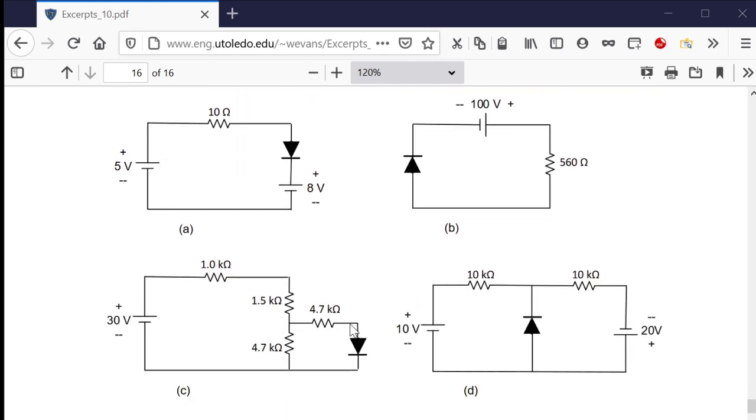Find the voltage across each diode. It'd be 0.7 volts here. Here, we have a circuit with two competing supplies. This one would want to go in this direction. This one would want to fight it and go in this direction. Now, which one is bigger? This one is bigger.